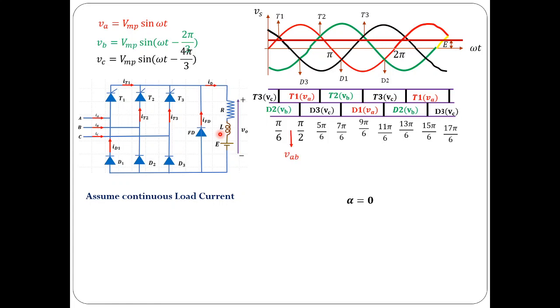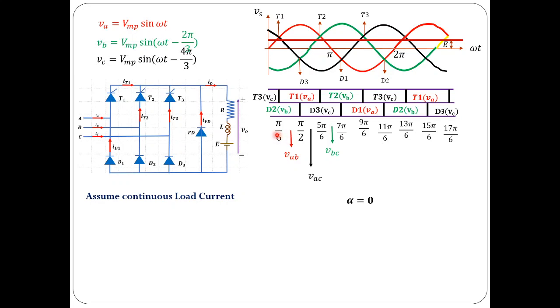So let us see the output voltage wave expression. For alpha equal to 0, the operation of this converter would be similar to that of the full converter, which is also similar to that of the diode rectifier.